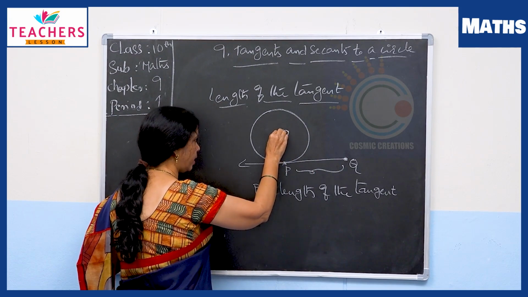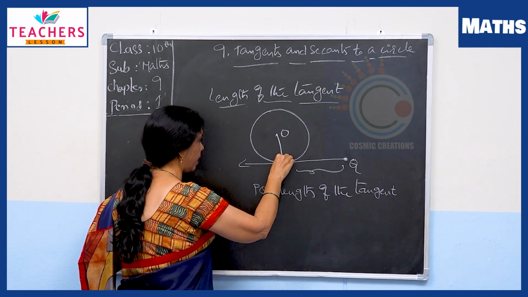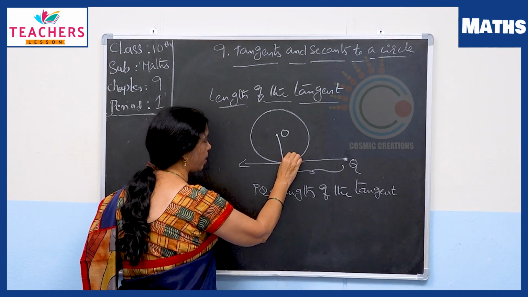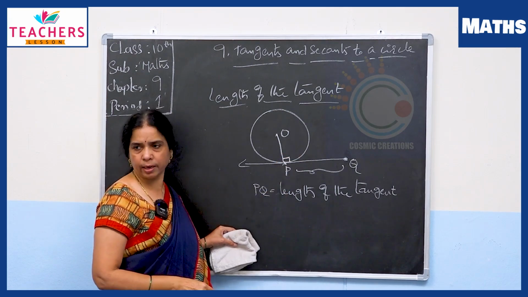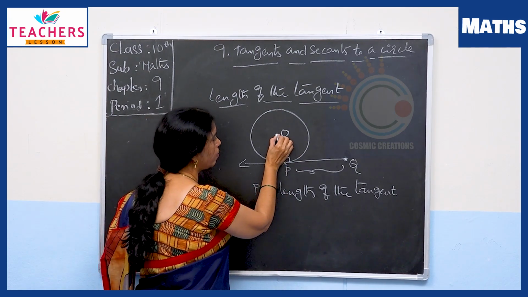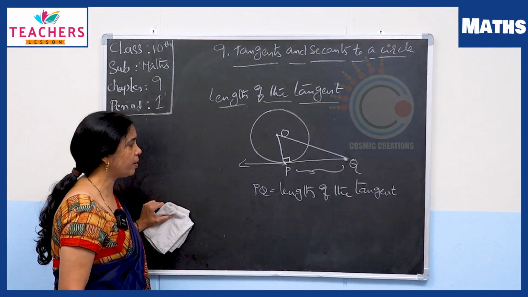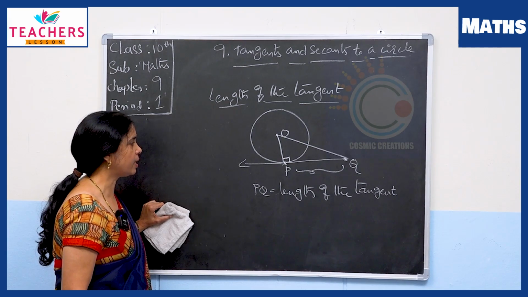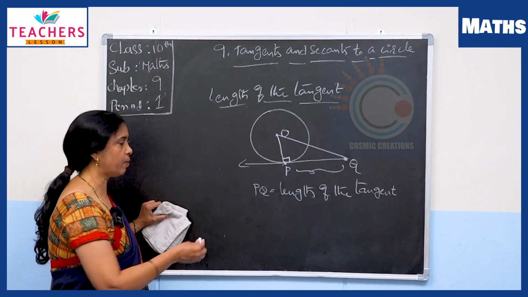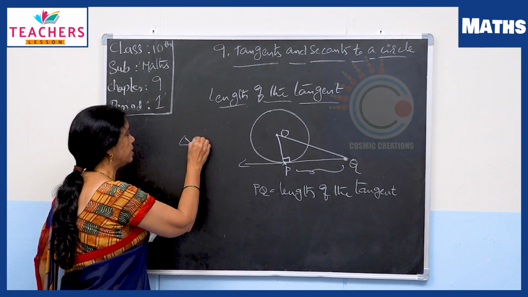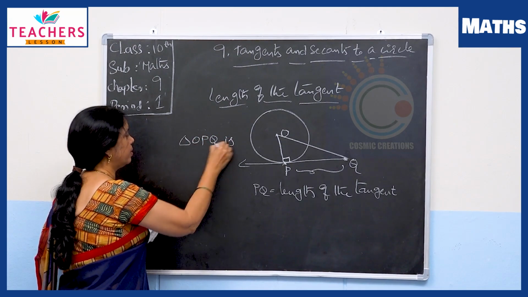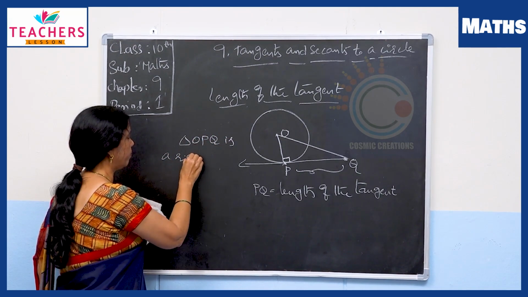What is the angle between the radius and the tangent at the point of contact? 90 degrees, as you know. Join OQ also. If you join OQ, which type of triangle is formed here?